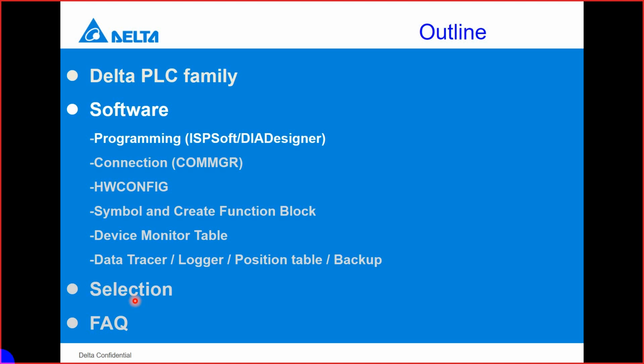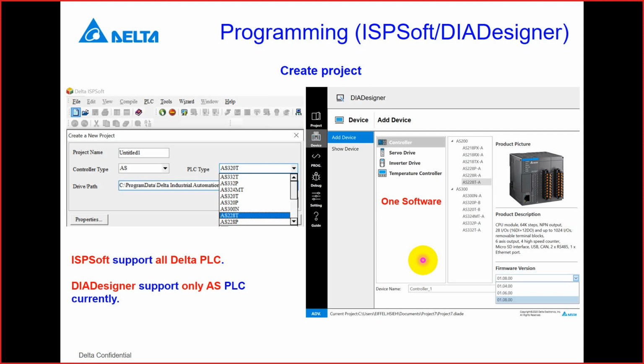That means in the future we can use only DIADesigner to cover the products which I already mentioned. But for the HMI, we have another software called DIAScreen, which is also a part of DIAStudio.